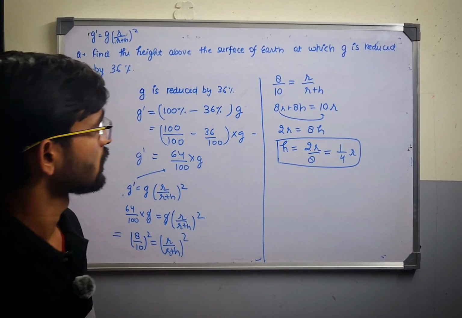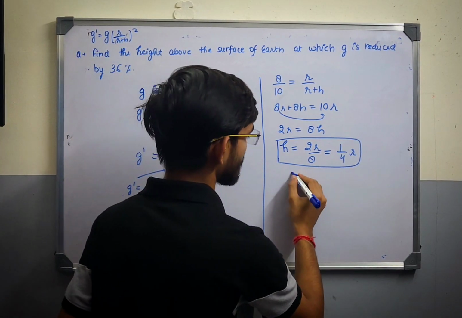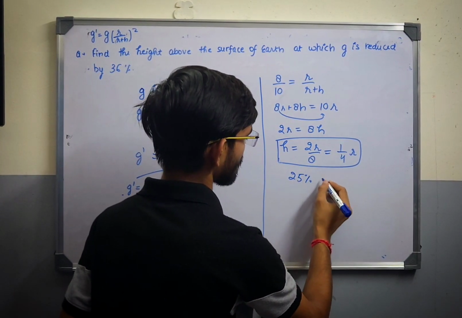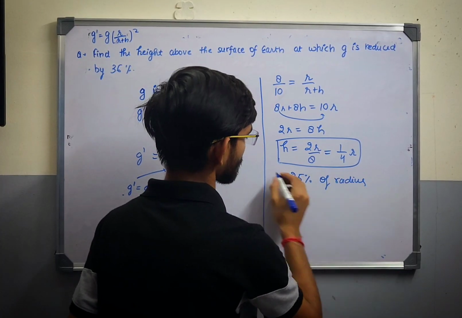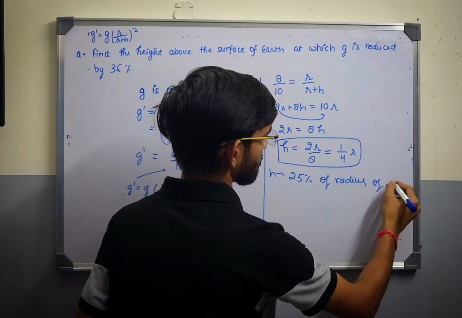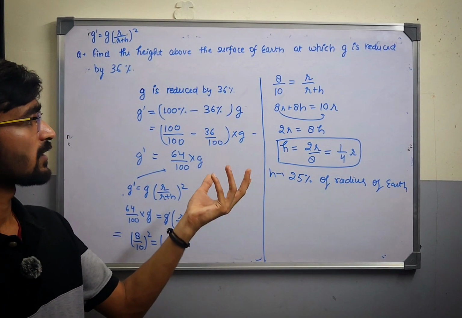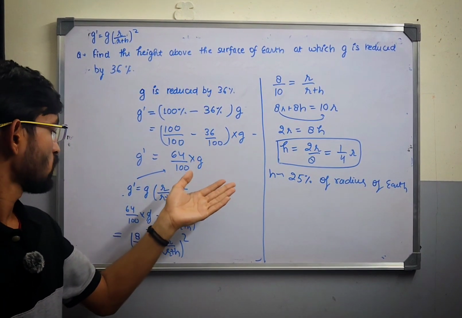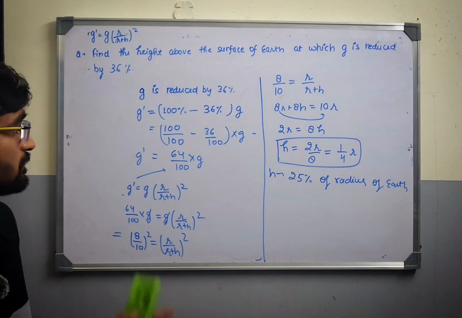So at the height of 1/4 of R, I can write 1/4 as 25% of the radius of Earth, the value of g will be reduced by 36%.